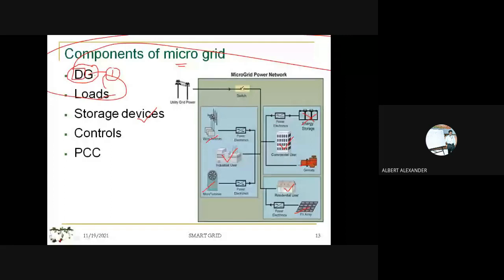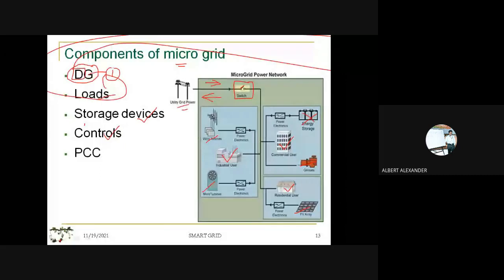Here the control system is basically the operation of the switches. Switch means that is the point. Whenever you want, this switch is normally open, that is, you are not sending the power to the grid. For example, if you want to receive the power or send the power to the utility grid, you have to control this switch.